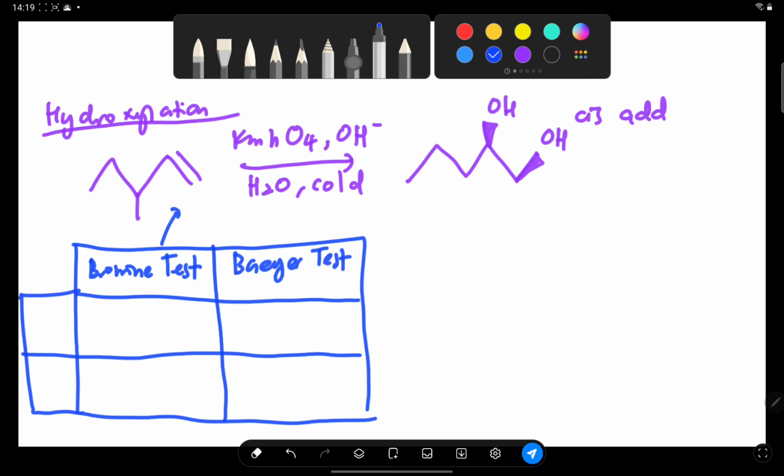So the bromine test will use bromine as reagent, diluted bromine, and for the Bayer test you will use KMnO4.